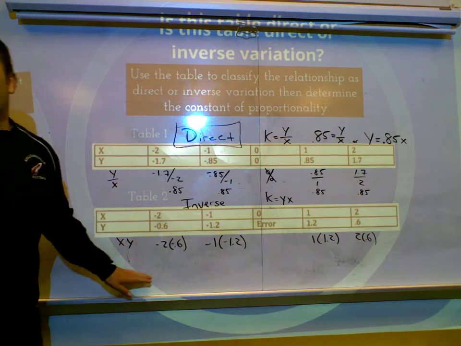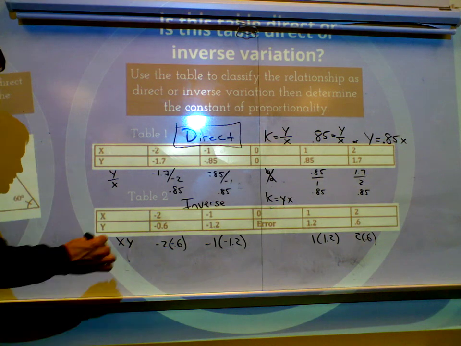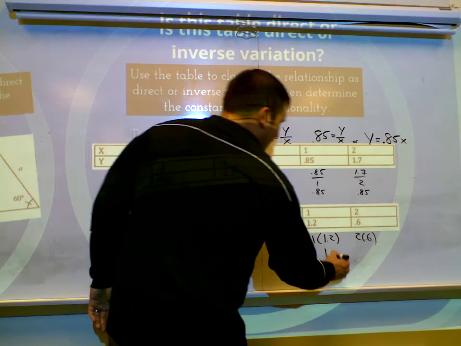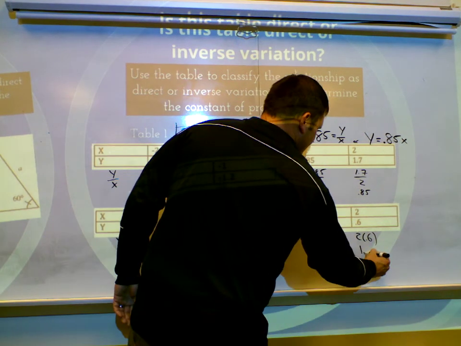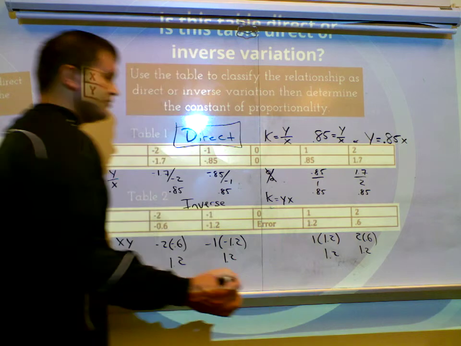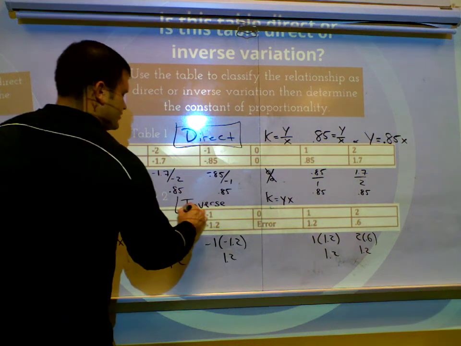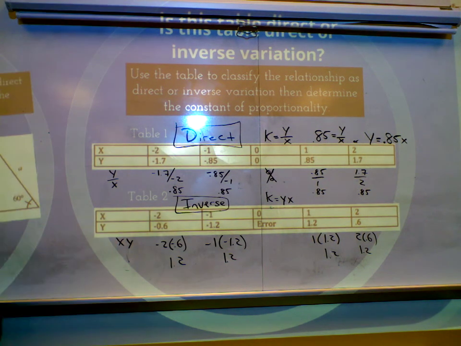What is it every time? 1.2. So since every time we get 1.2 when we multiply, that confirms that this is an inverse equation, inverse variation, right? So this one is inverse. Okay. So can I write my equation for it now?